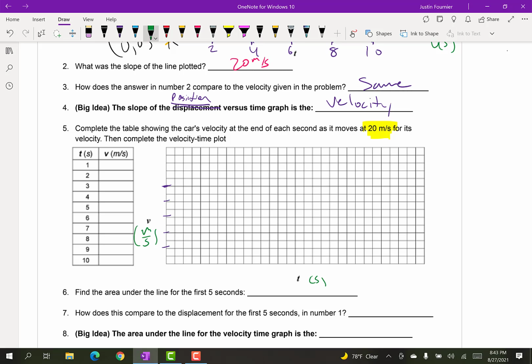Since it's moving at a constant 20 meters per second, every second it's going to be moving at 20 meters per second. So if I did this at 4, 8, 12, 16, 20, 24, 28, I would make a graph that just goes straight across.